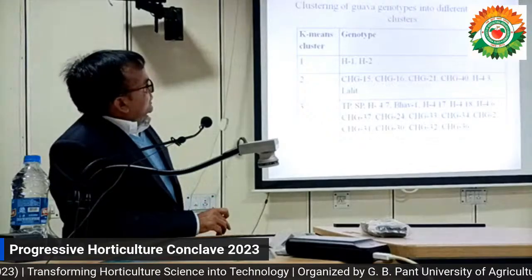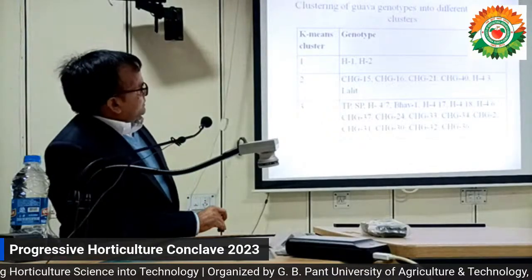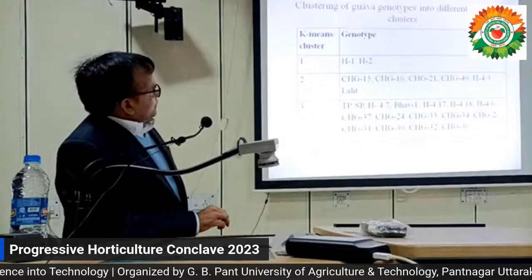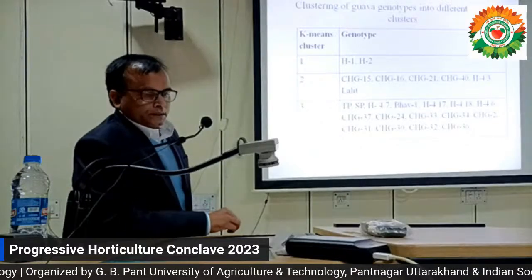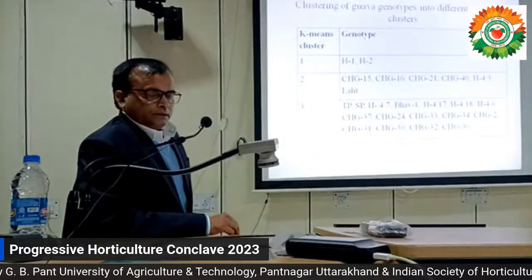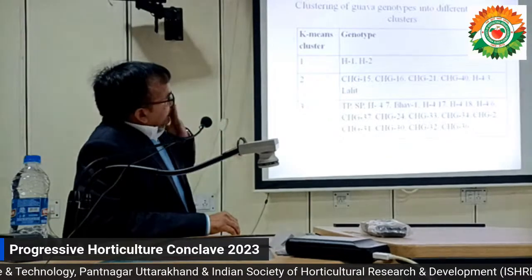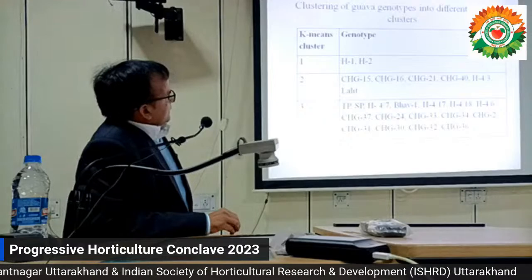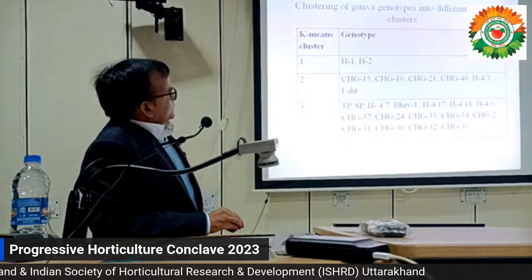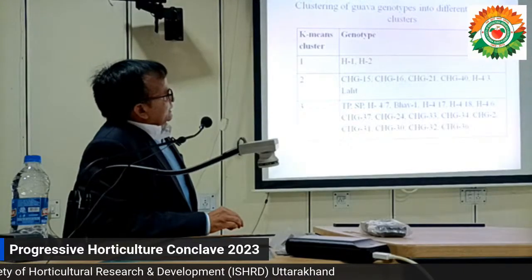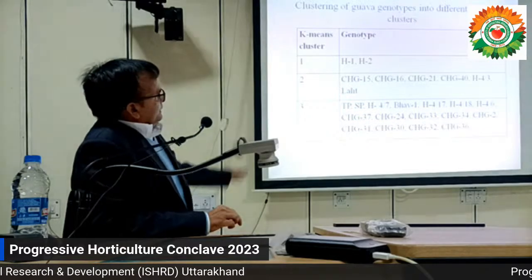Clustering was also done. Three clusters were formed. H1 and H2 were most distinct, and the group with SG15, 16, and 21, and others were in the third group.